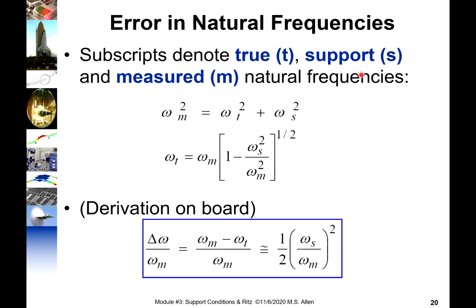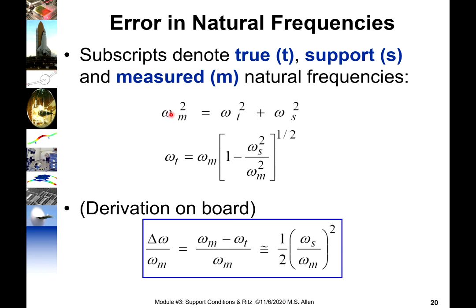So we can actually work this out very nicely. If we call the true natural frequency subscript t, the support structure subscript s, and measured subscript m, we get this really nice, what Karn liked to call the easy to remember formula.